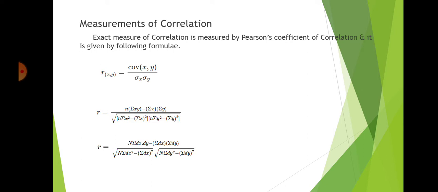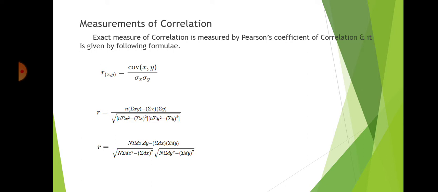All are same, but under different data given, you have to use n sigma dx dy minus sigma dx into sigma dy divided by square root of n sigma dx square minus sigma dx whole square, similarly into n sigma dy square minus sigma dy whole square.